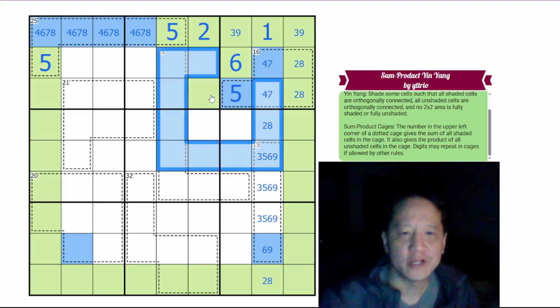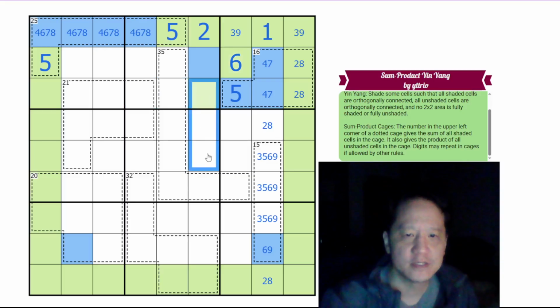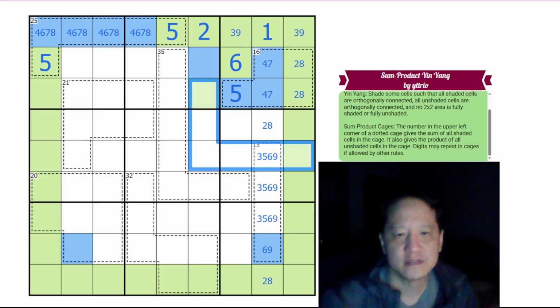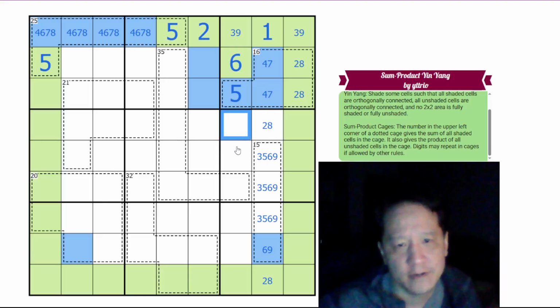Well, you'll break the green into 2 regions. And if you try to do it the other way, try to connect the green regions orthogonally, you'll break the blue regions into 2 regions. So we know that because this diagonal is both shaded, this must be shaded too. So that's good there.